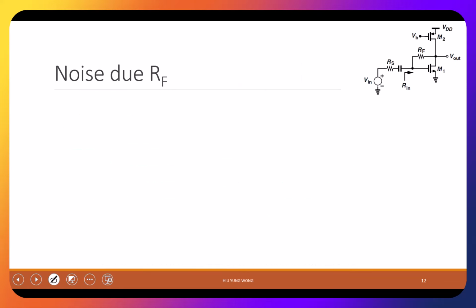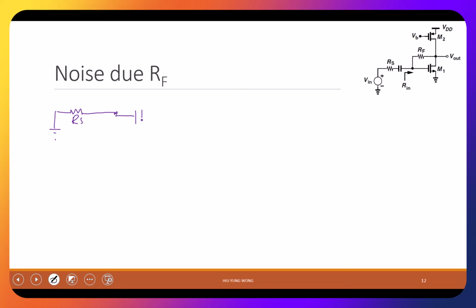We want to do the noise, right? So my question, what is the noise due to RF? We cannot do much. All we need to do is just draw the circuit, unless you can see it right away, right? So to do the noise, of course, I need to short the inputs. I have the RS here, right? Again, we're doing AC, and superposition, so we will short other signal sources one by one.